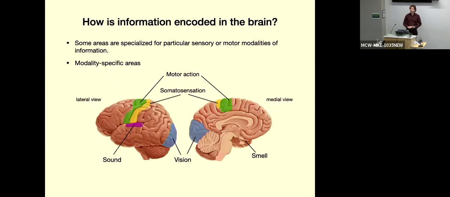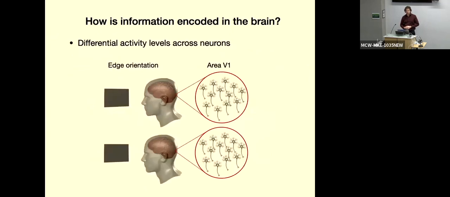So how is information in general encoded in the brain? What do we know about that? We know that the cortex has areas that are relatively specialized for different sensory modalities, like touch, sight, and so on, and motor control. In these areas, using neural recording of individual neurons or of clusters of neurons, especially from animals, but now we can do that in neurosurgery patients as well, we can tell how different kinds of information are represented in the activity of these neurons.